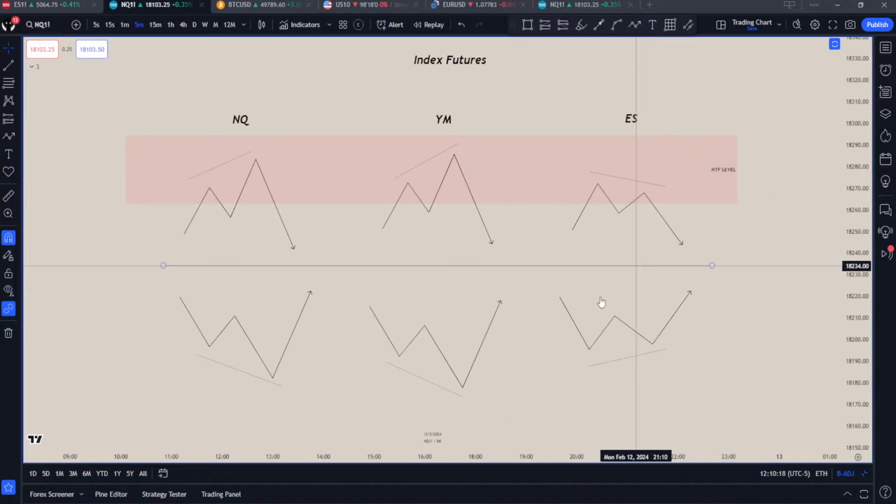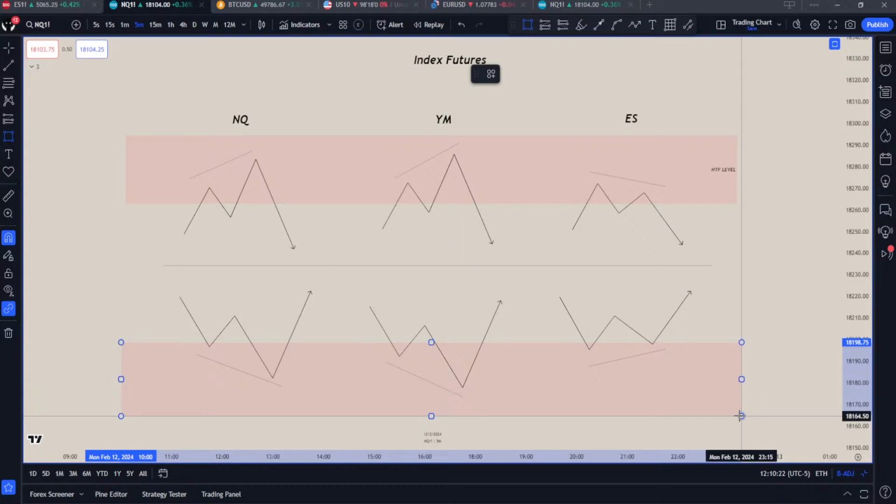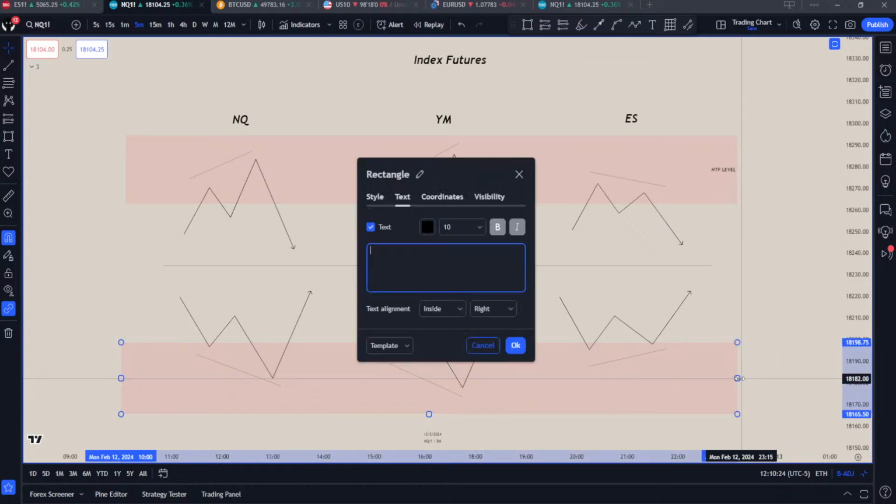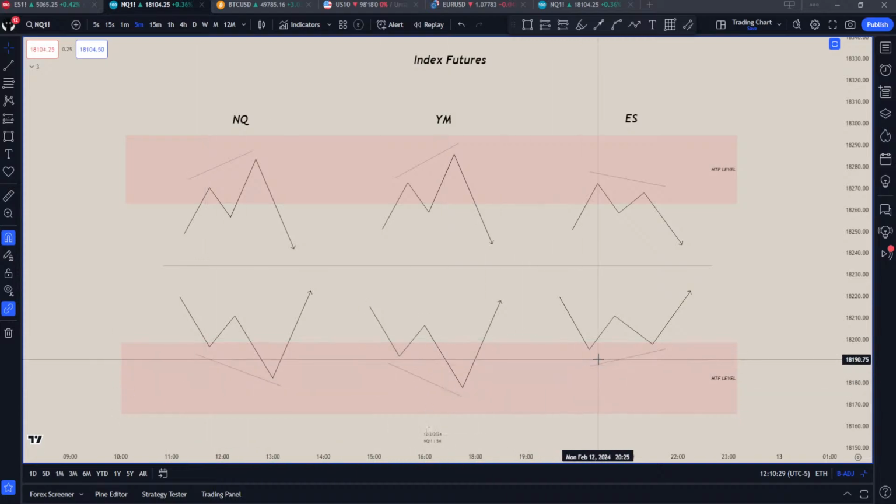Once again, you can look at it as a higher time frame PD array, for example, or higher time frame level, and you're looking for that SMT divergence within that level to confirm that you're most likely going to get some sort of reversal in the market, if that makes sense.